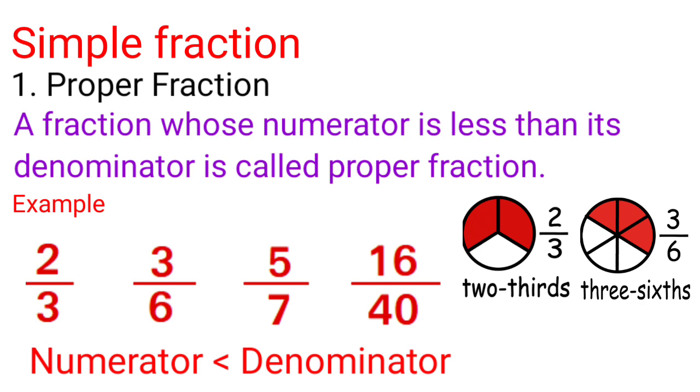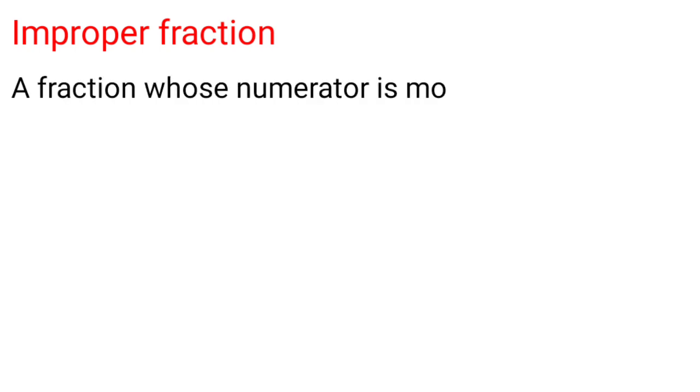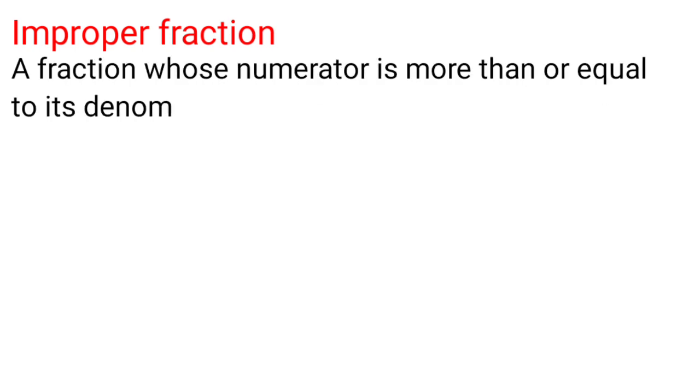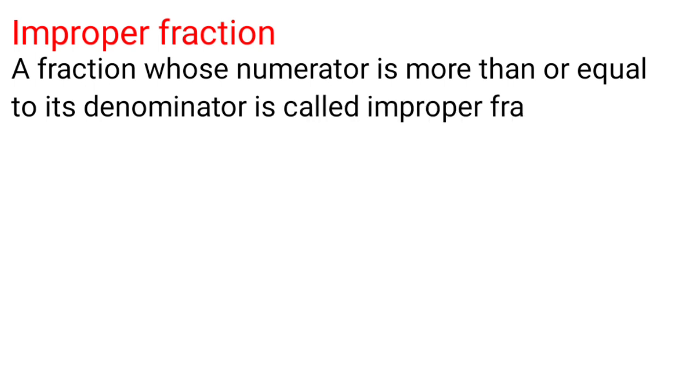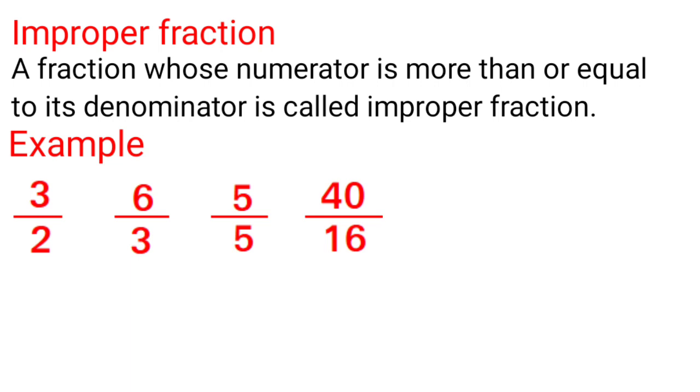Next one is improper fraction. A fraction whose numerator is more than or equal to its denominator is called an improper fraction. For example, 3 by 2, 6 by 3, 5 by 5, 40 by 16. Here in 3 by 2, 3 is greater than 2.